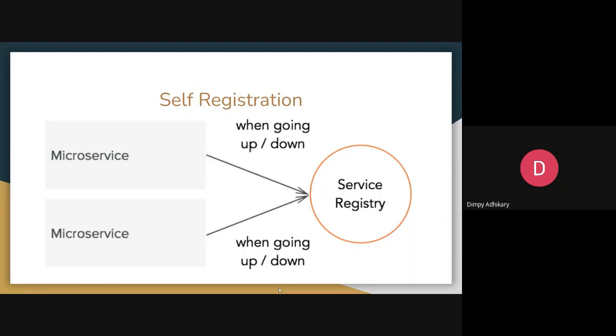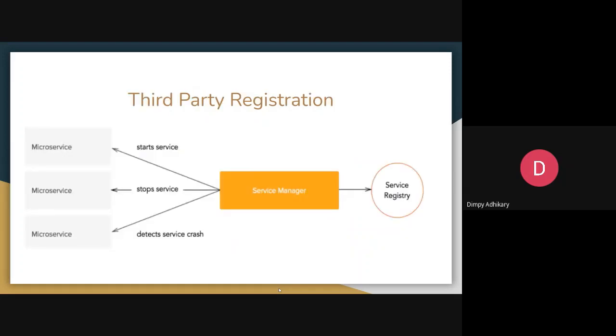So the other way is called third party registration. Here we will have a service manager in between, which will actually ping the microservices and update the service registry. So the direction is now moving.